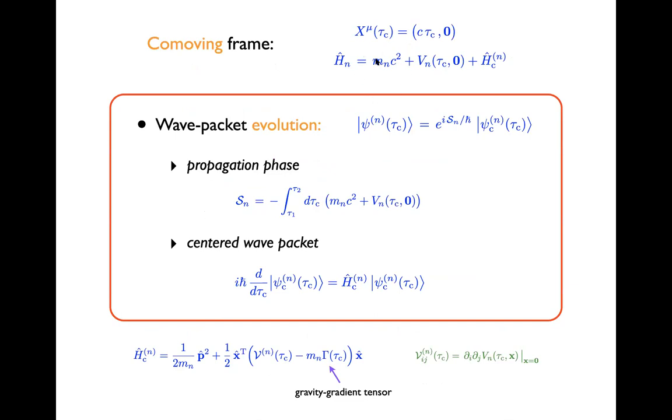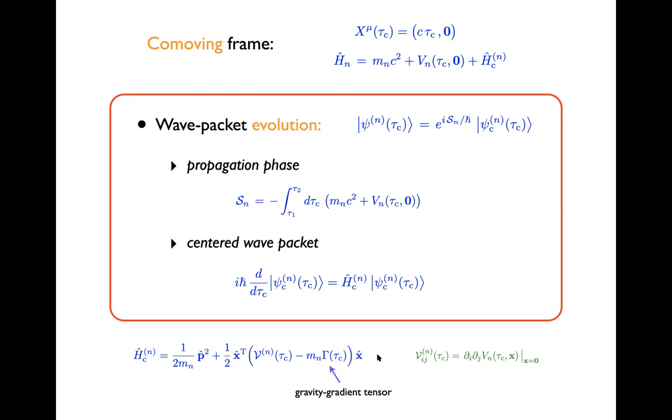You have this C number, this constant term, then in general some additional contribution that would correspond to the external potential, but just evaluated along the central trajectory. So this is again basically a number, a C number, that depends on the internal state. And then this Hamiltonian that governs the dynamics of the center wave packet has the simple form of a non-relativistic particle in some quadratic potential.